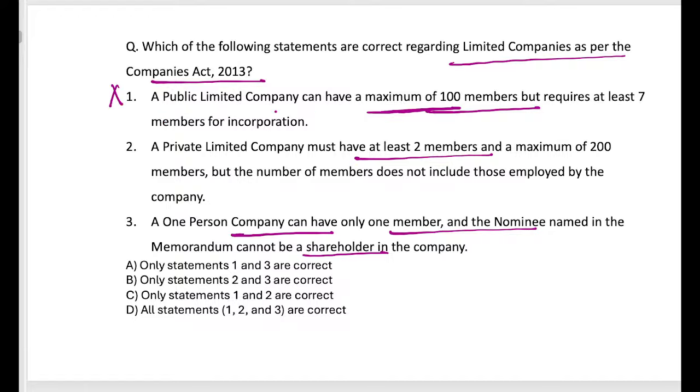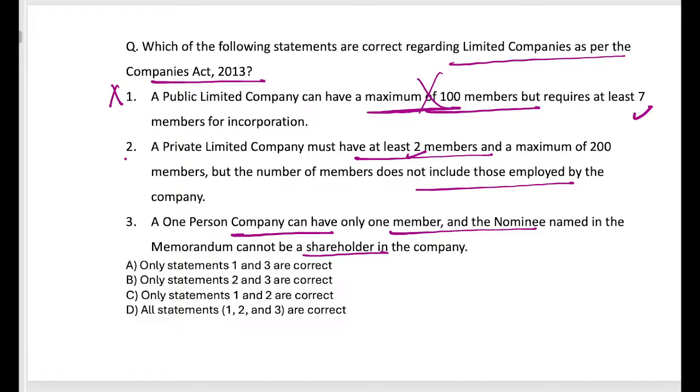Maximum they can have, a public limited company can have any number. Minimum 7 is true, minimum they can have 7, but maximum there is no limit. Private minimum 2, maximum 200, but the members do not include employees and others.